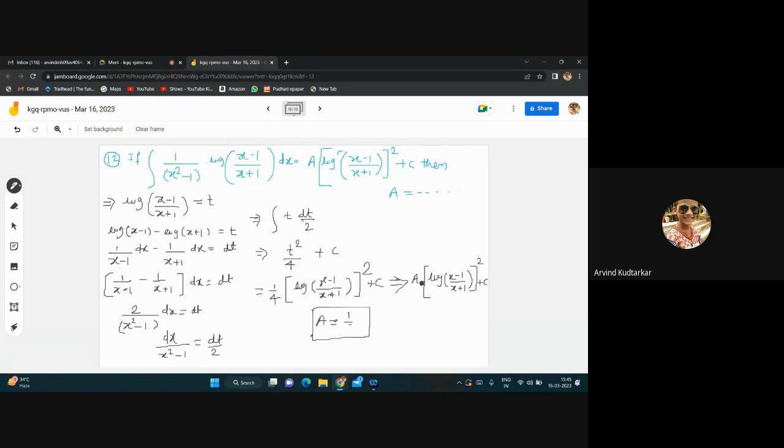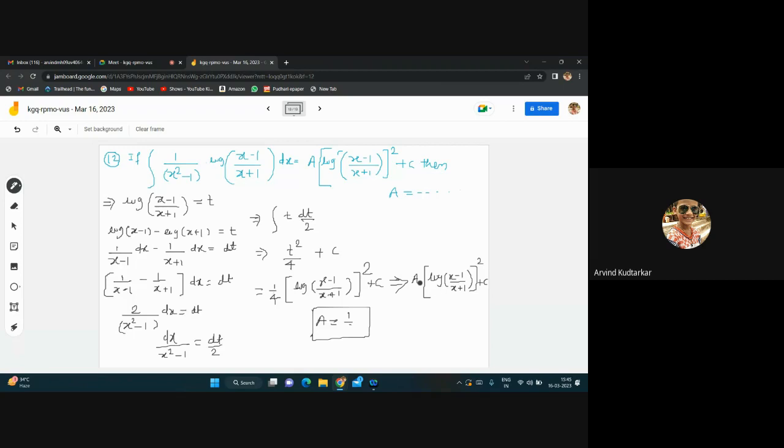So after comparing the coefficients of the variable terms, the variable terms are the same in both. The coefficient there in the LHS is 1 by 4, but in the RHS it is a. So the value of a is 1 by 4.